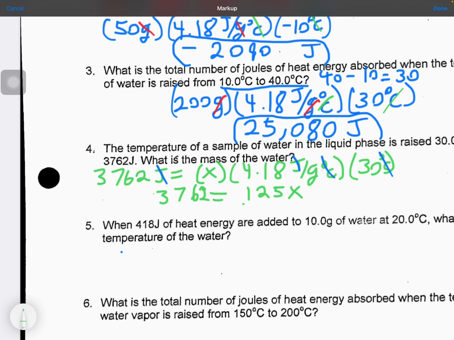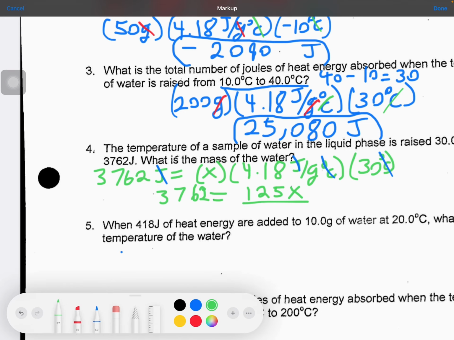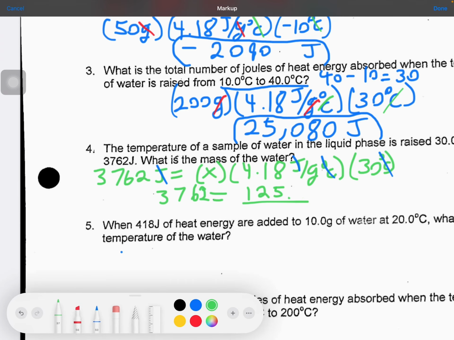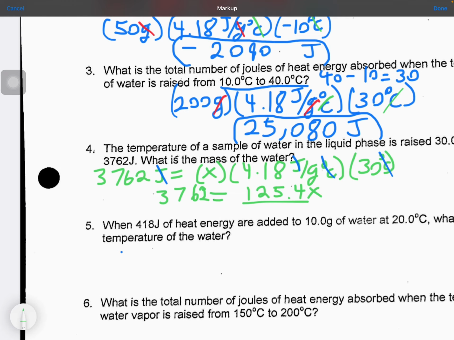So now we need to divide both sides by, oh, I'm sorry, it's 125.4. Let's fix that real quick. So divide both sides by 125.4.